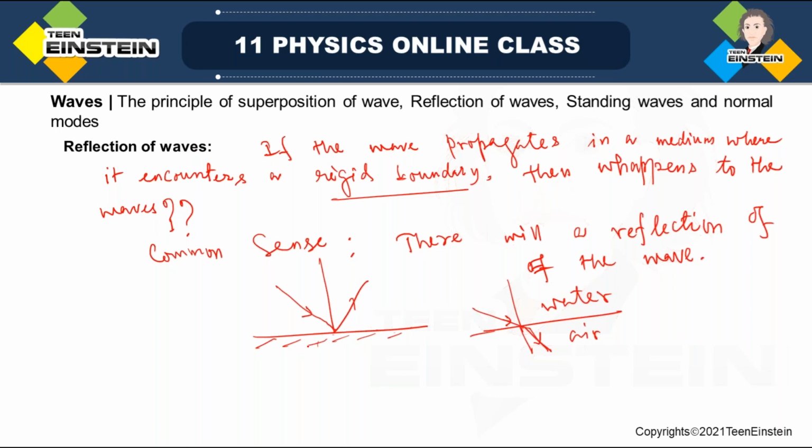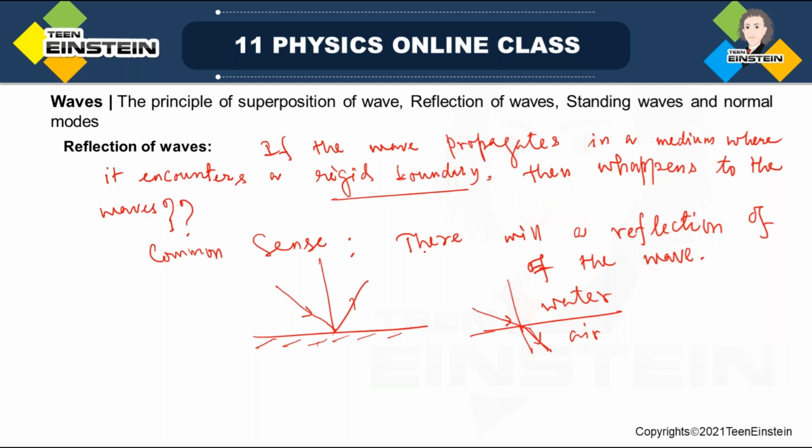One can be a completely rigid boundary, another can be somewhat elastic. One is a very fixed or rigid boundary, another is a boundary that is not that rigid, a flexible boundary or open boundary.